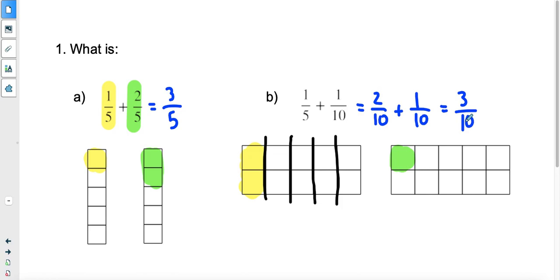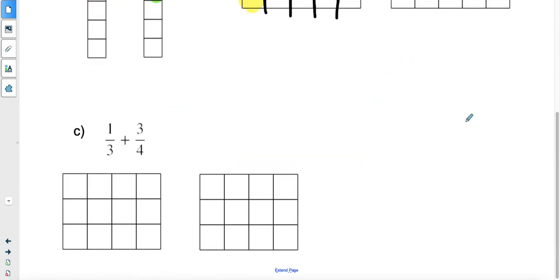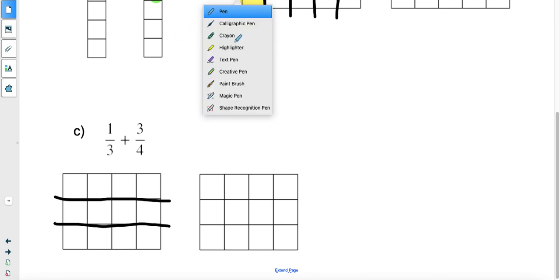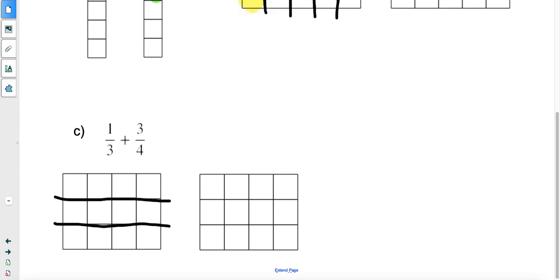Let's take a look at one more example like this. 1/3 plus 3 over 4. Okay, so here I have 12 boxes. 1/3, well, if I break this up into 3 parts, I can just shade in one section out of these 3.